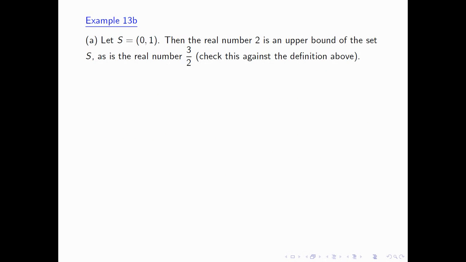Let's look at another example. Let S be the open interval 0, 1. So this includes all numbers larger than 0 and less than 1. Now the real number 2 is an upper bound of the set S. Again, the real number 1.5 is an upper bound of the set. Does the set have a least upper bound?